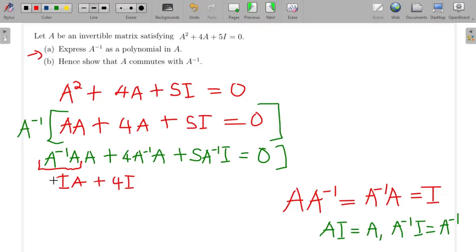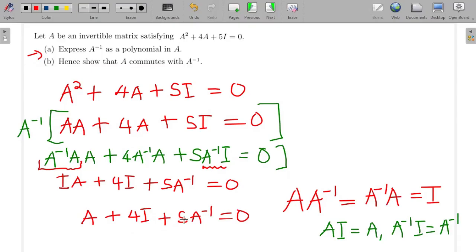And then what do we have here? Here we have the inverse with the identity. If you multiply anything with the identity, you just get that same thing. So that would be 5 A inverse equals 0. So I get A plus 4 times the identity plus 5A inverse equals 0. Now I'll take everything that does not have A inverse to the right-hand side.